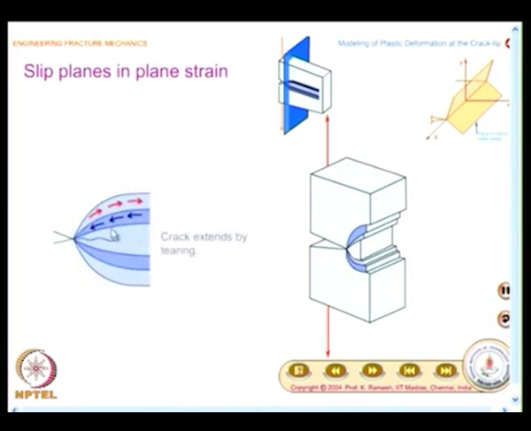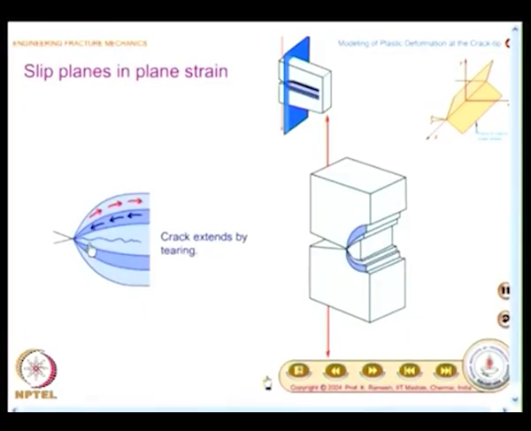So, because of slipping, initially the crack extends by tearing. So, what happens here is the idealization as plane strain and the recognition that maximum shear stress plane is oriented in a particular fashion dictates how the planes are.